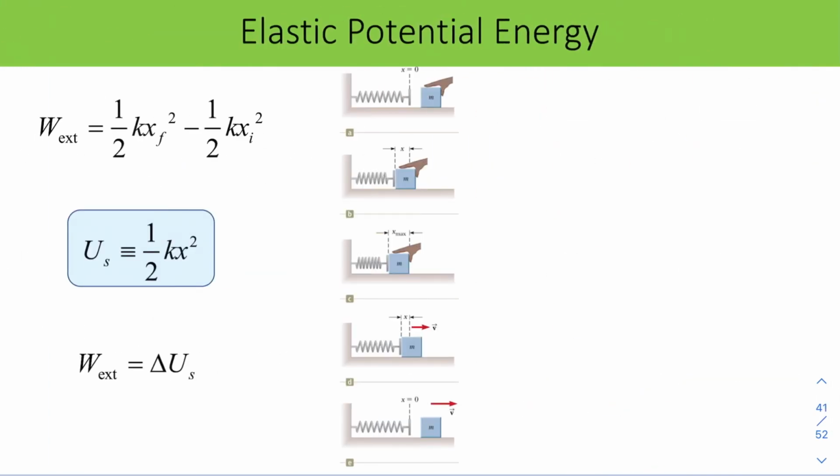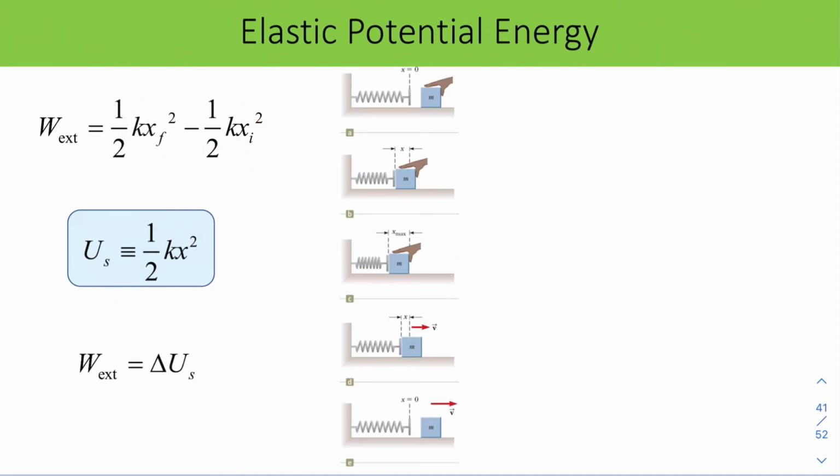Right. Now elastic potential energy. W external, within a mass-spring system, is equivalent to half k x final squared minus half k x initial squared.